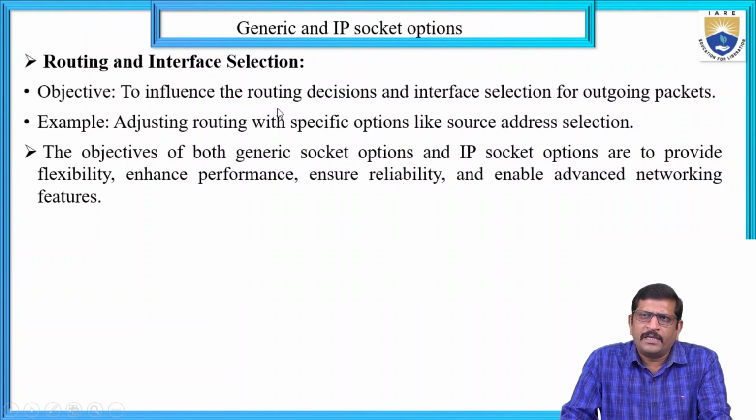From among them, the best routing, the shortest path, can be selected and the packet transferred over it. Here the efficiency can be improved, along with interface selection for outgoing packets. For example, adjusting routing with specific options like source address selection.